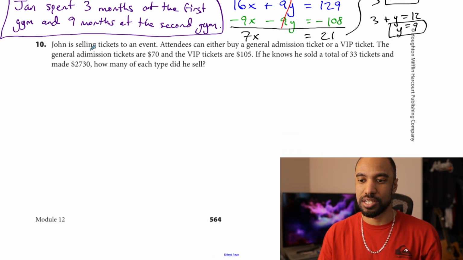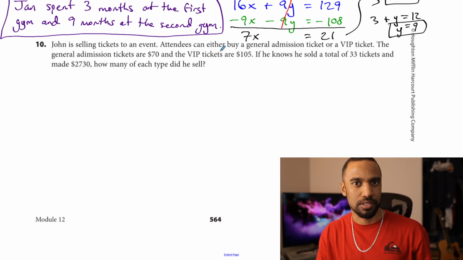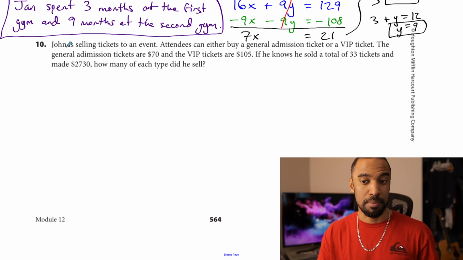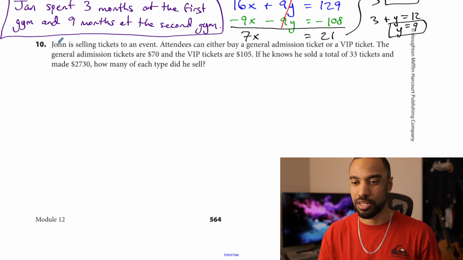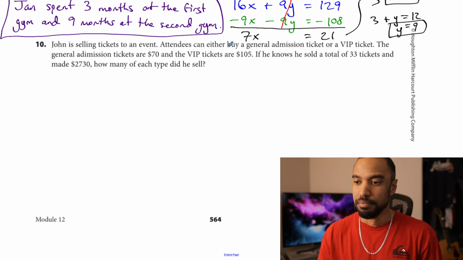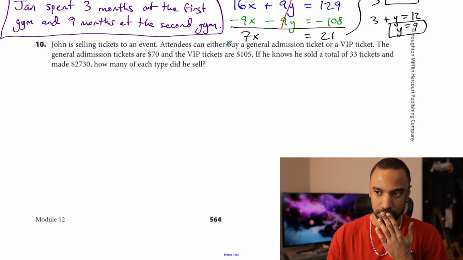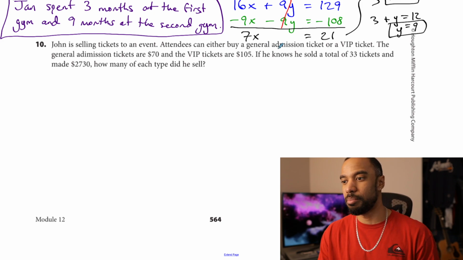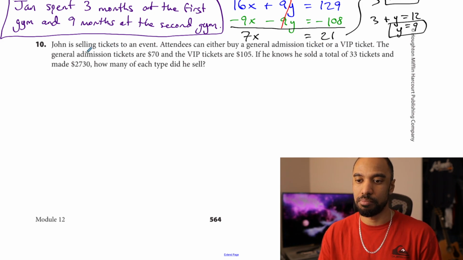All right, number 10. John is selling tickets to an event. These problems are kind of like the last ones, only different numbers, maybe a different name. Now we've got to solve them. Attendees can either buy a general admission ticket or a VIP ticket.